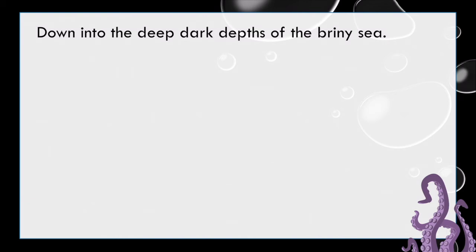So, down into the deep dark depths of the briny sea, well what happened? Something could be dropped, something could be thrown, somebody could swim. They could look. What shall I choose to do? There's no right or wrong answer as long as something happens. So I could have the crew. It could be a sentence about the crew looking.